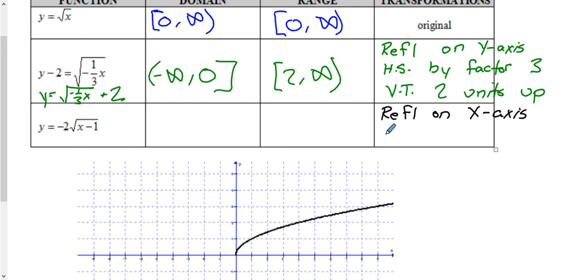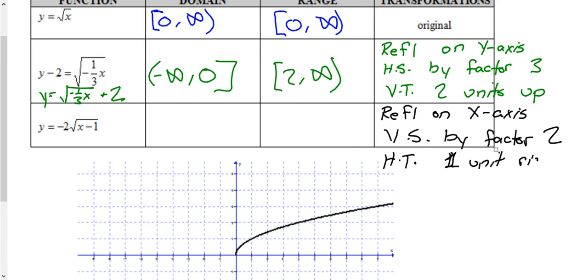That 2 is outside of the function, so that's a vertical stretch by a factor of 2. And I have that minus 1. That minus 1 is on the inside, so we have a horizontal translation of 1 unit, 1 unit to the right, since it's a negative inside the equation there.